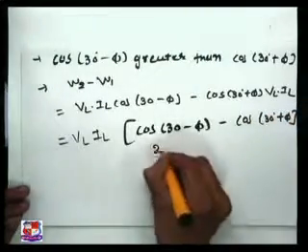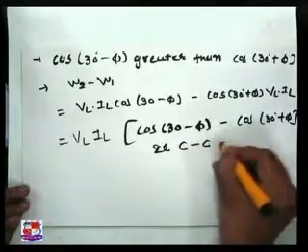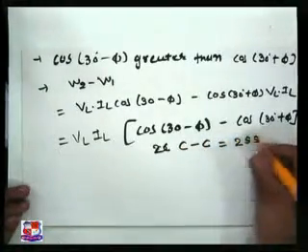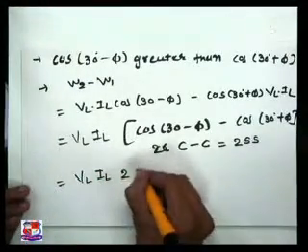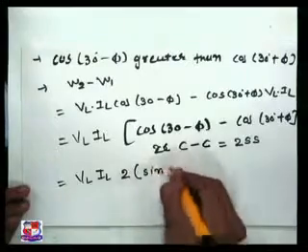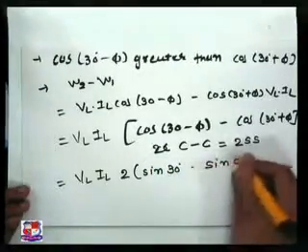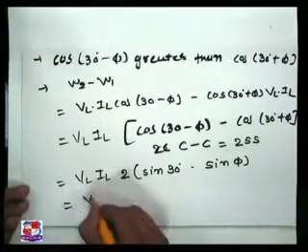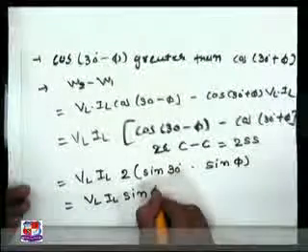So cos C minus cos D you can call as 2 sin C sin D, which means 2 sin 30 into sin φ, equal to VL into IL sin φ.